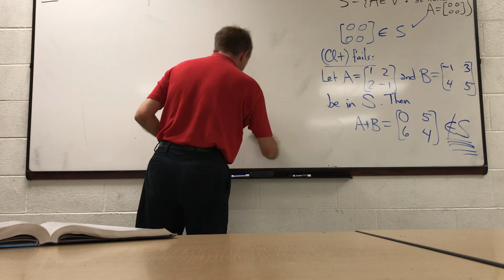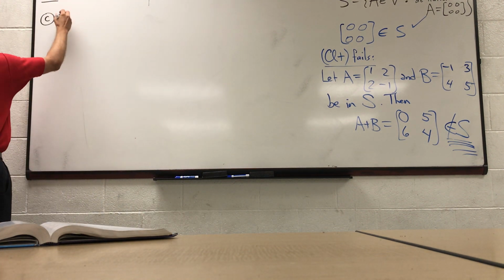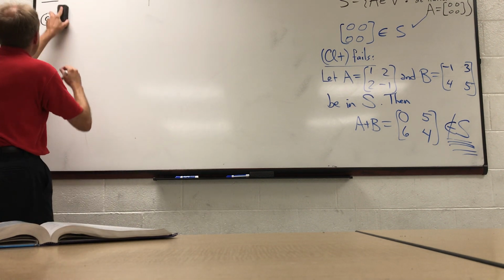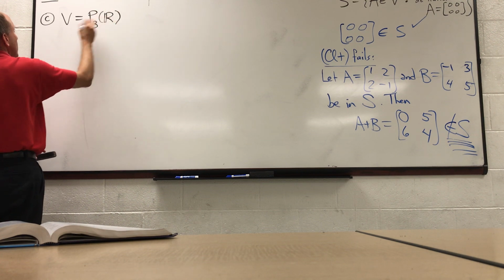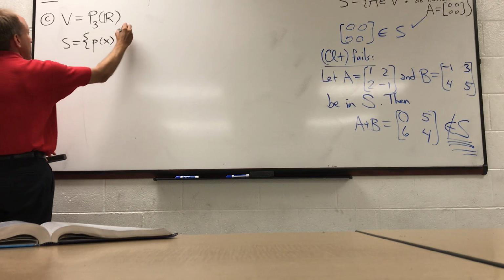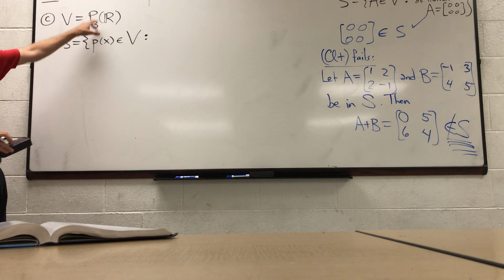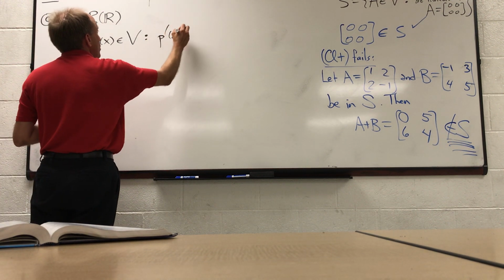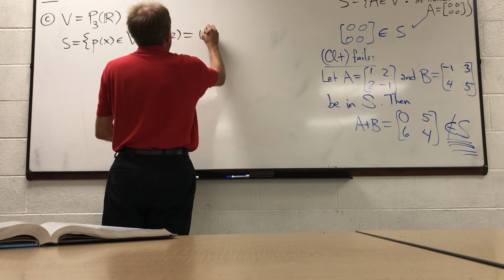Let's do another one. Let V be P3 of R, and S is the set of P of X, an element of V, notice I'm going to use P of X here because I'm talking about polynomials, such that P prime of 2 is equal to 0.